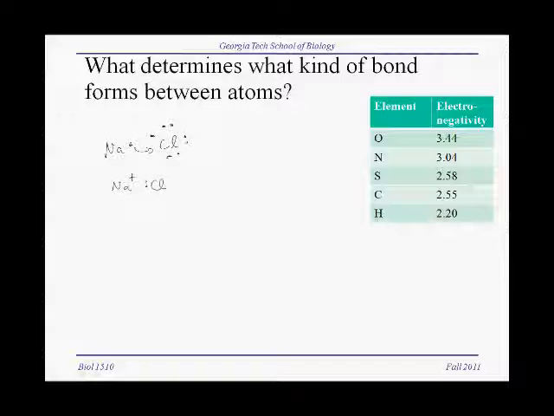So this is one extreme example where one atom really, really wants to have an extra electron, and another atom is completely willing to give up its electron, and therefore in that case we get ionization and we get salt formation. Now the positively charged sodium ion and the negatively charged chloride ion are strongly attracted to each other because of the opposite charges, and this is called an ionic bond.